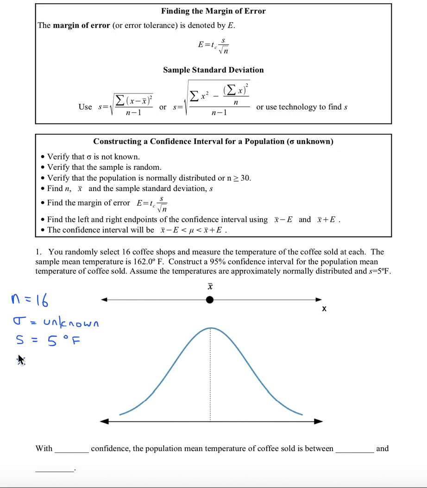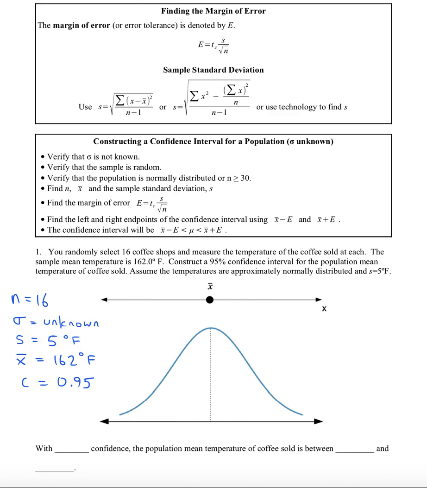They gave us a sample mean, which is nice because sometimes you have to calculate it yourself if you're taking the data yourself or if just a listing of the data is provided. Here we know the x bar, that's good. We know the confidence level, 95%. And that looks to be everything that's given.